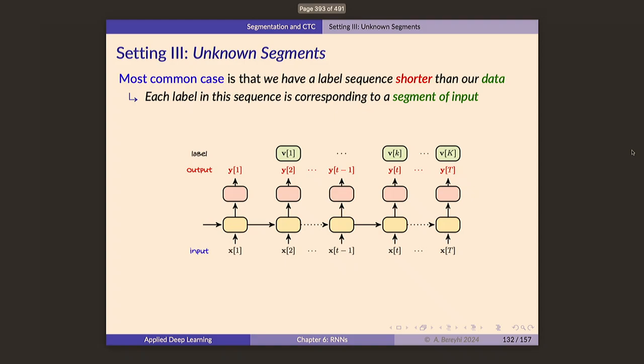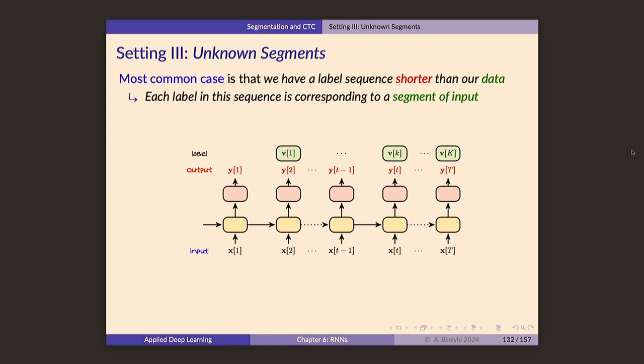Clear? But the whole challenge starts when we have really unknown segments. This is the problem that we started with, and this is the most general case. So what is it here? I have the sequence, and I have one sequence at the output, and they are not of the same length.